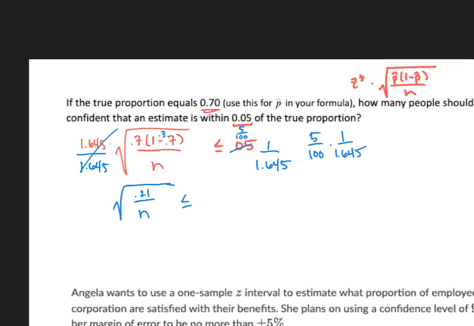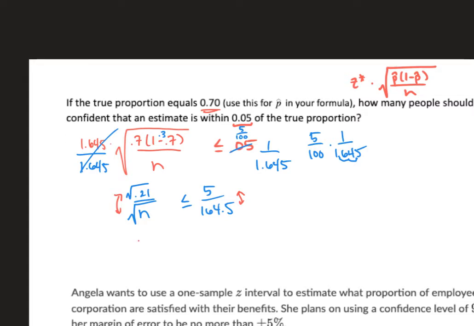The top becomes 5, and the bottom, we multiply this by 100. It just moves a decimal over 2 places, so 164.5. All we are doing here is a little bit of algebra. Then he writes this separating out the square root, breaking it up. Then he takes the reciprocal, he flips these around to get n in the numerator, which is what you need in order to solve.